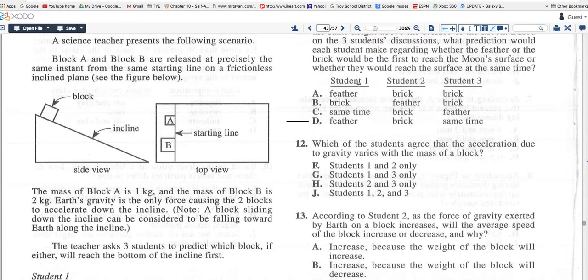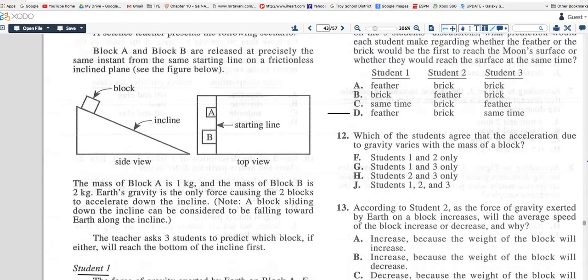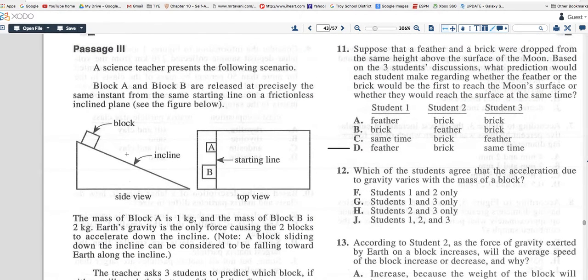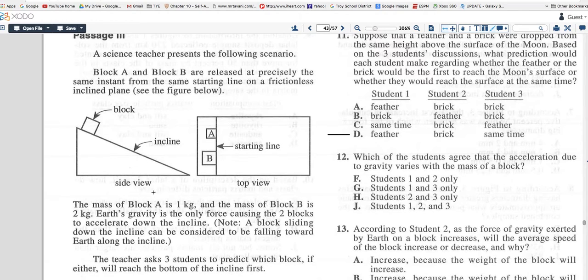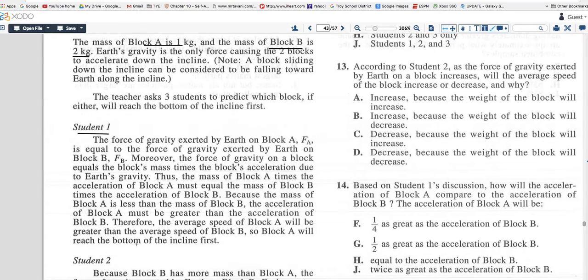Notice how she made her life easy and only looked at one column and used the easiest one. Let's summarize what's going on in this. So they're basically sliding 2 blocks, block A and block B. Block A is 1 kg. Block B is 2 kgs. So I'm sliding one block that's lighter, one block that's heavier. And they want to know which one's going to reach the bottom first. So which line tells me the summary of student 1?